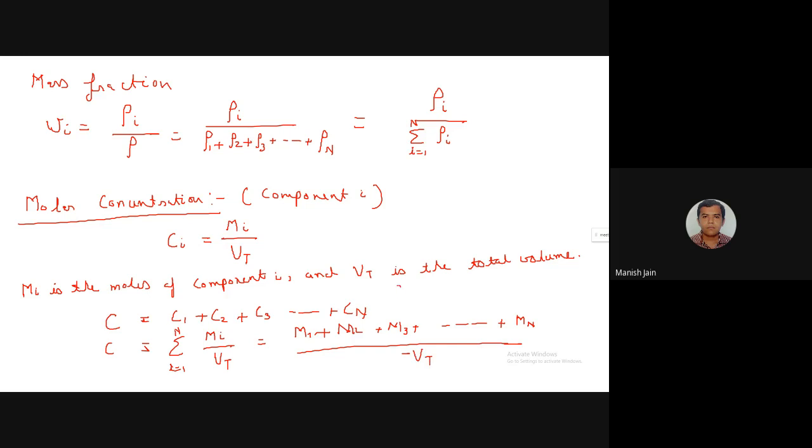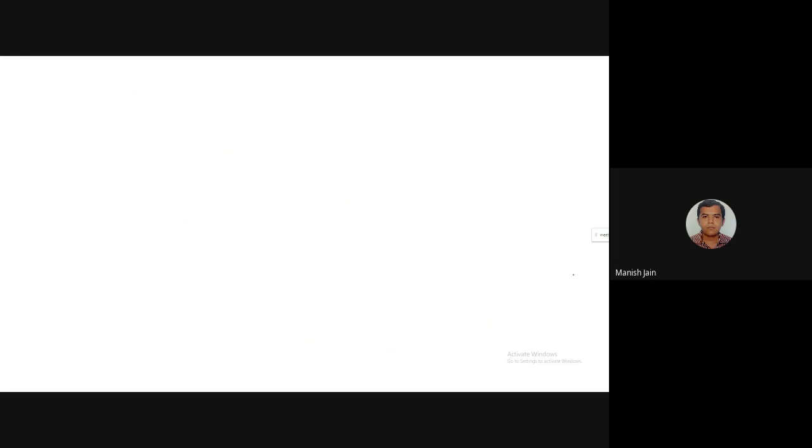This is called the total concentration of the solution. You can also write C equal to summation of Ci, i equal to 1 to n.